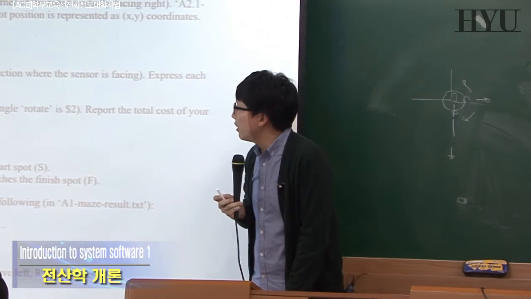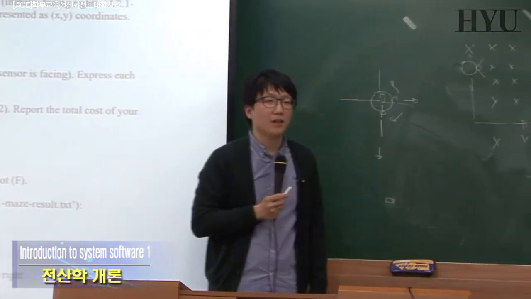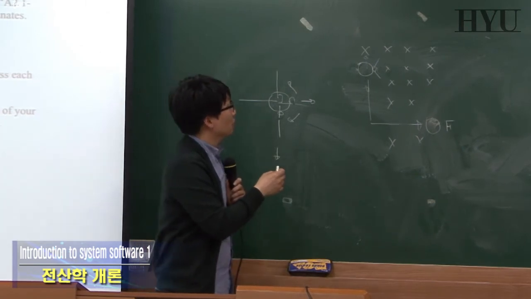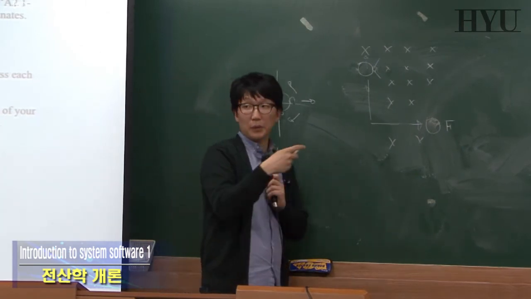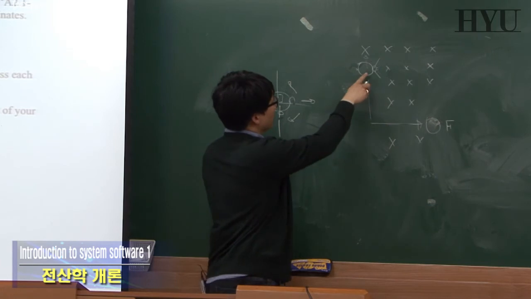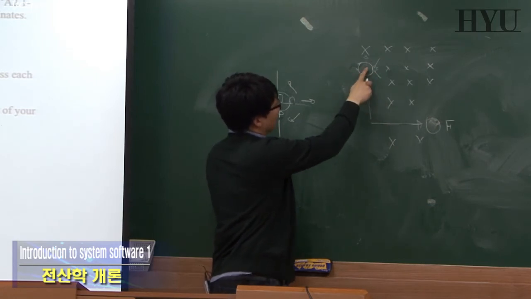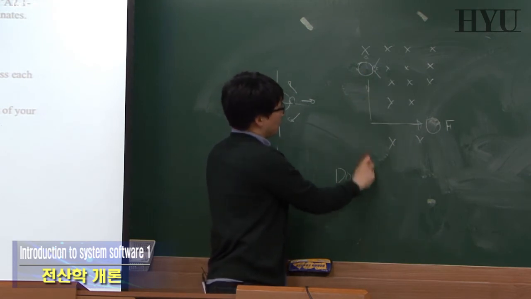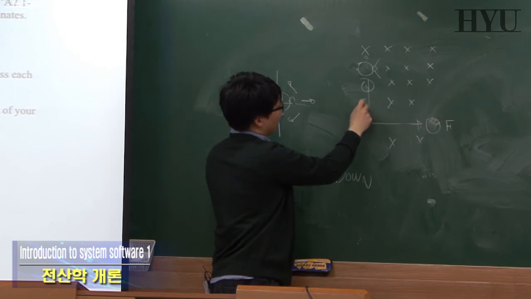Things to be careful of. I also ask for the sequence of moves that your robot has taken. So I want you to write it down in your program while it's running. From here, it goes down, right? Down. Down again, down.